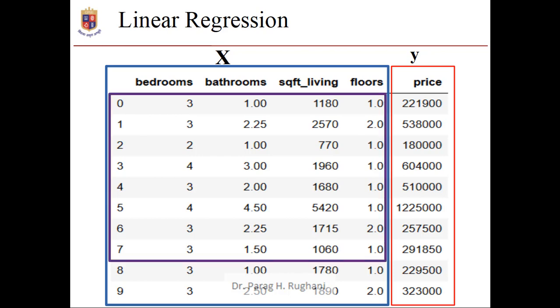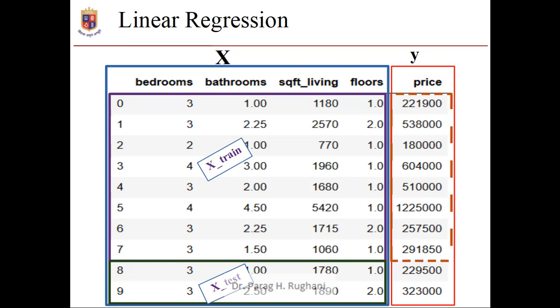I am taking the first 8 rows of the X dataset and calling it X train, and similarly I take the remaining 2 rows of the X dataset and call it X test. For the Y, we are repeating the same procedure. We take the first 8 rows and call it Y train, and we take the remaining 2 rows and label that as Y test.